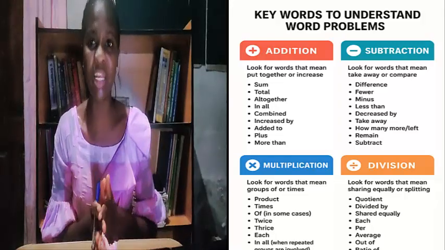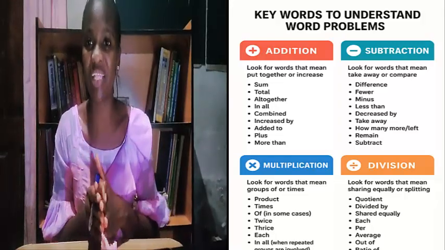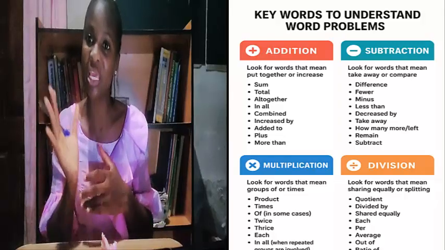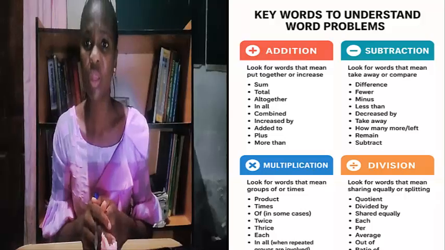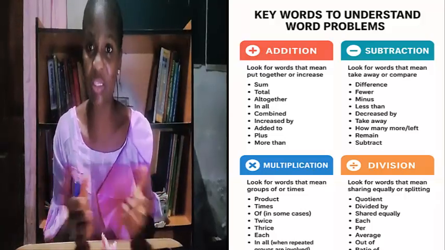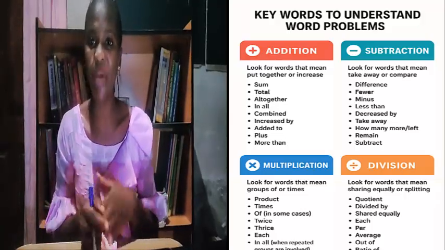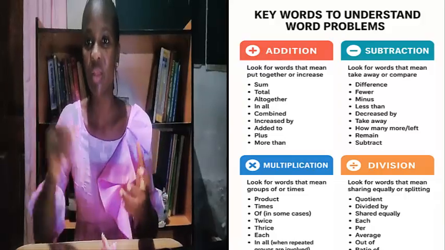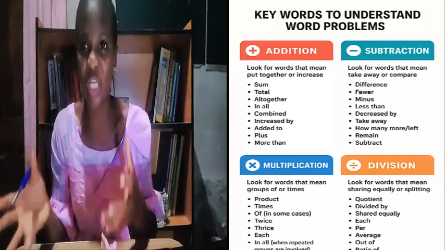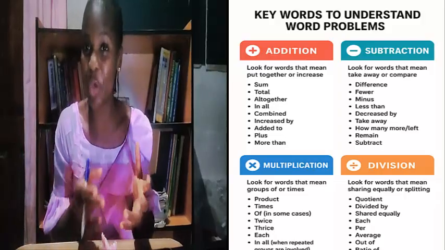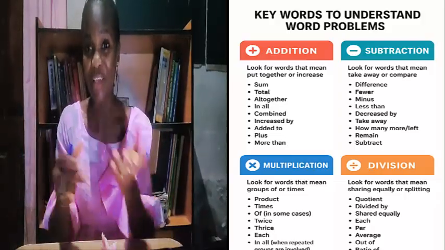Now, secondly, let's move to words that go in line with subtraction. Those words include difference. When you hear, what's the difference between 6 and 18, that means that you are required to subtract 6 from 18.